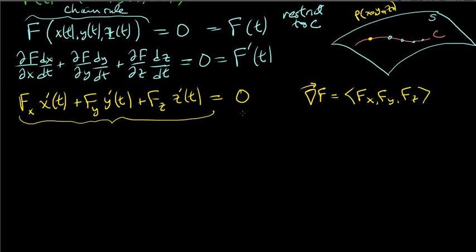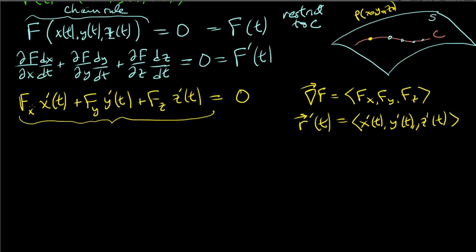Also, the x prime, y prime, z prime, we've seen that before. If you think of that as a vector, these are the derivatives of x, y, and z. That's just the derivative of r.